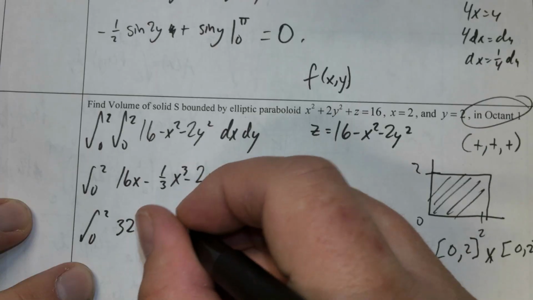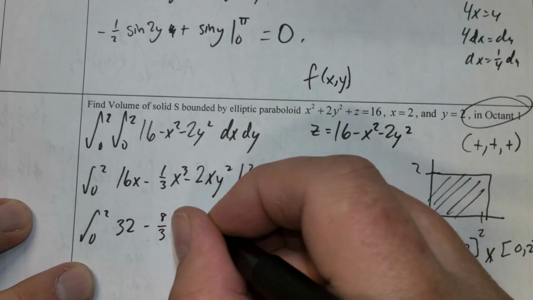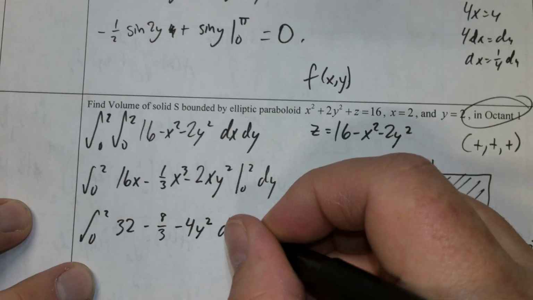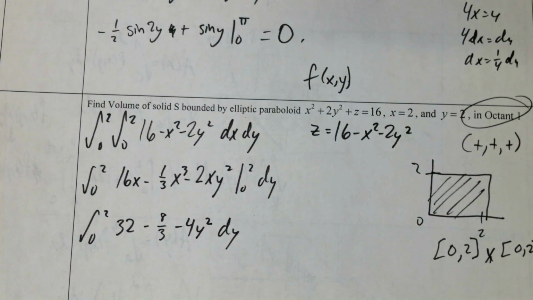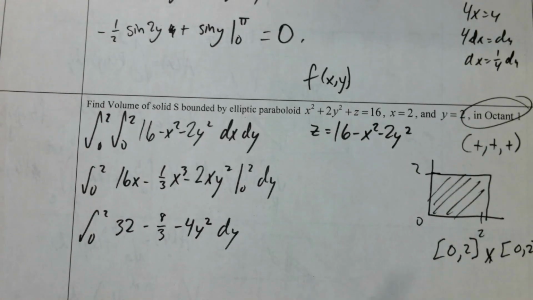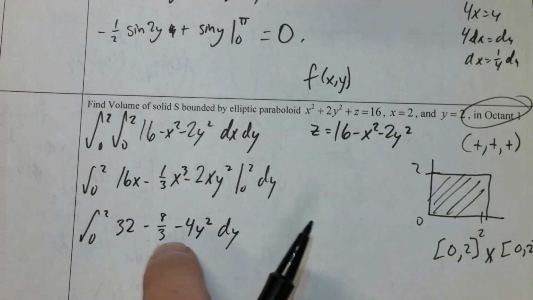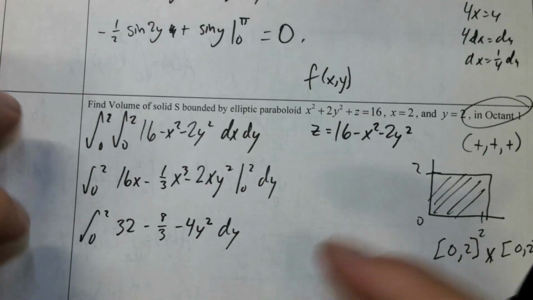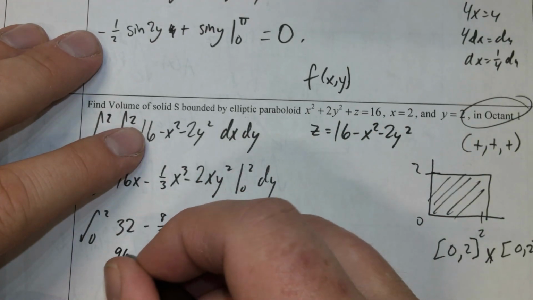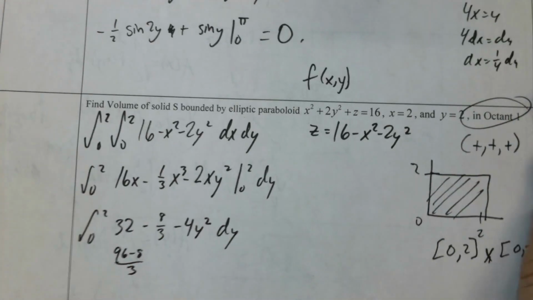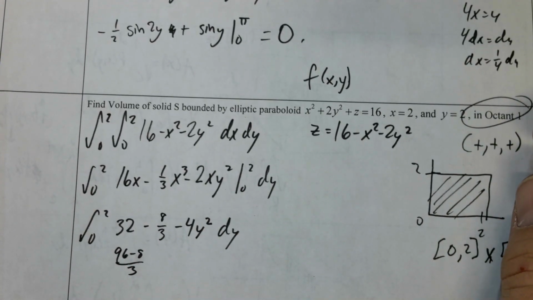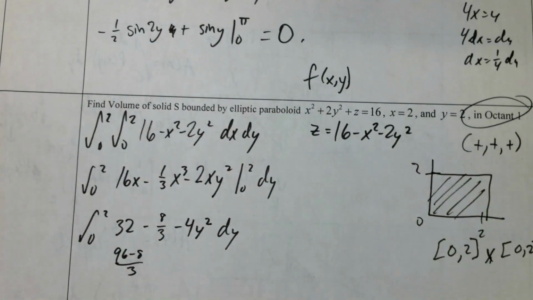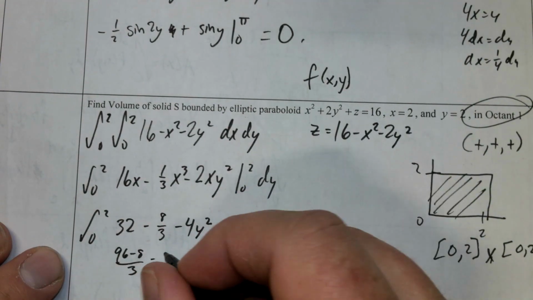32 minus 8/3 minus 4y squared dy. And honestly, as much as I'd like to, I'm probably just going to leave it like this. I mean, I can find the common denominator. I can get 96 minus 8/3 or whatever it ends up being. But it's not all that nice. Let's do that. That makes 88/3.